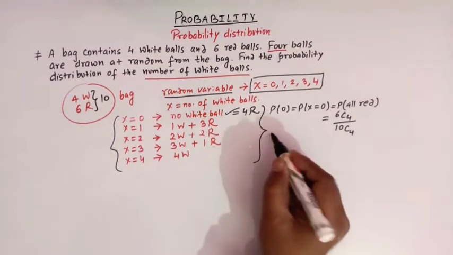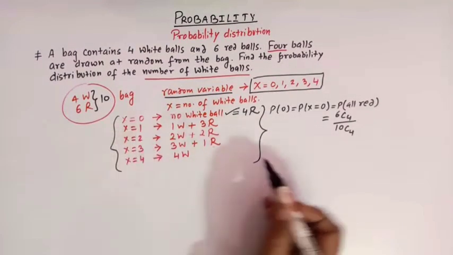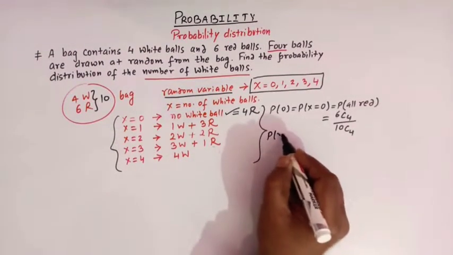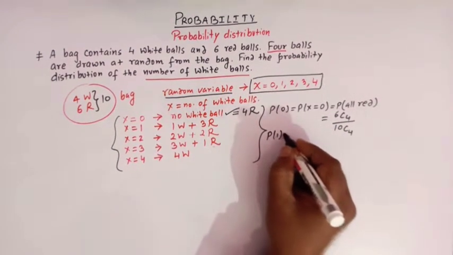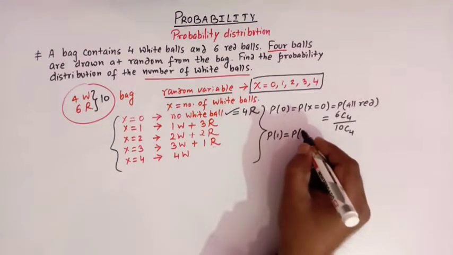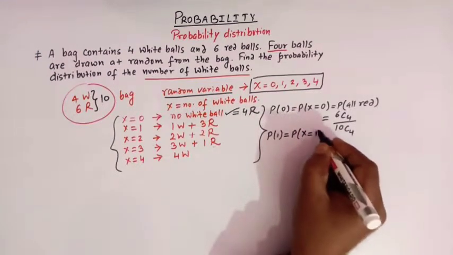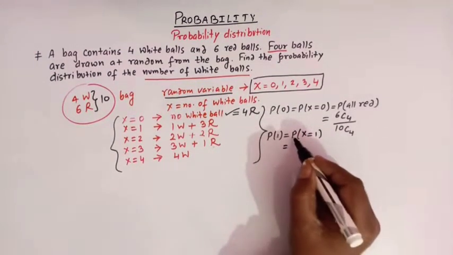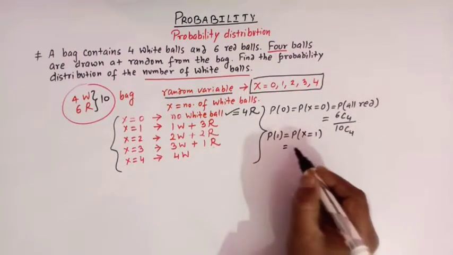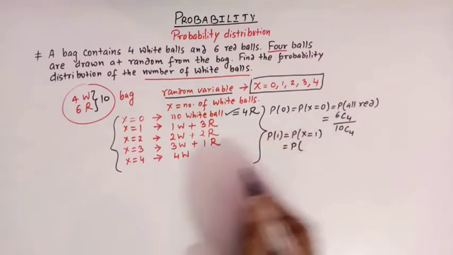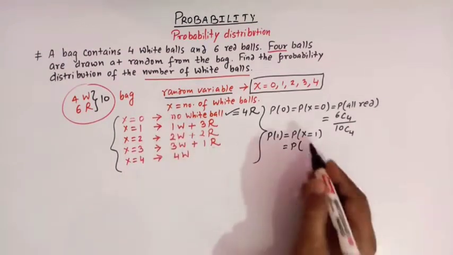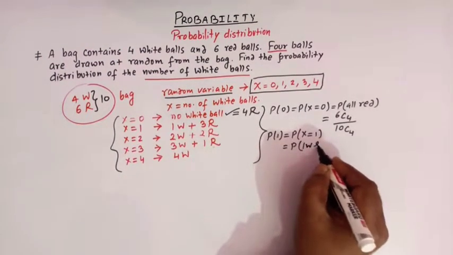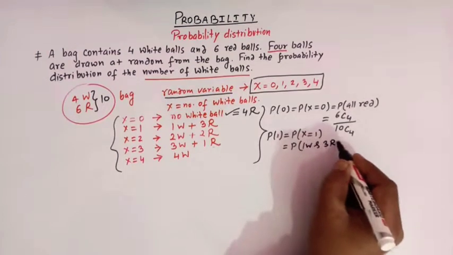Okay, now when x is 1, it means we have to find p of 1, right? And p of 1 is p of x is equal to 1, and that shows that we have to find the probability of getting one white and 3 red balls, right?